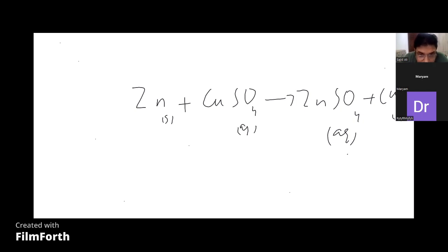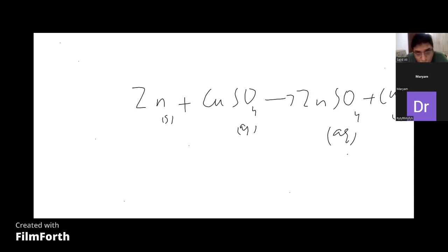When we discussed the different types of reaction, I told you that when one element displaces another element, that is called a simple displacement reaction. Do you remember? Yes, sir. So this is a simple displacement reaction. Why is this happening? Because zinc is more reactive than copper.